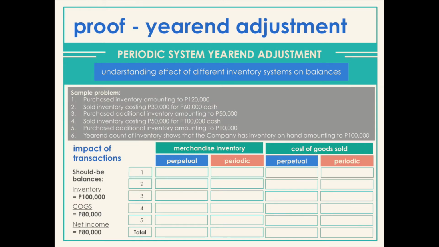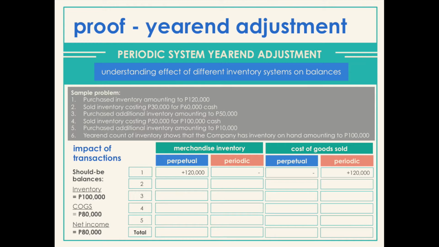Now let's compare the impact of the different inventory systems on the merchandise inventory and the cost of goods sold balance of the company. 1. Purchased inventory amounting to 120,000 pesos. For this transaction, we debit merchandise inventory under the perpetual system, which means that there is an increase of 120,000 in the merchandise inventory balance and no impact on the cost of goods sold.